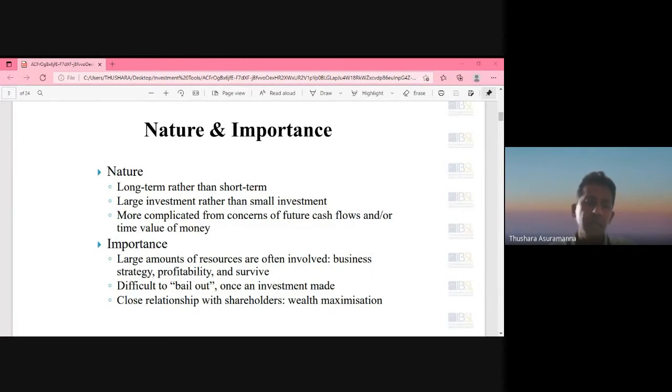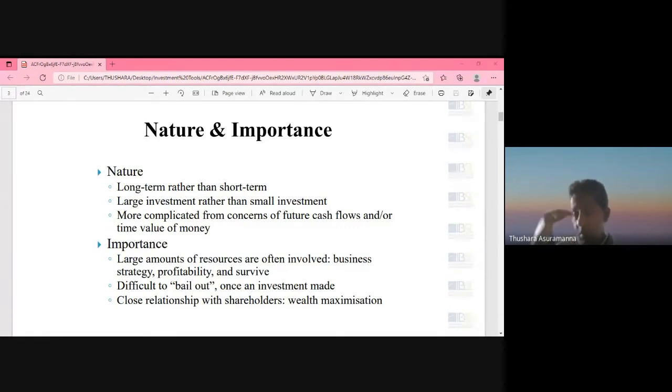Then the third one, close relationship with shareholders. Because now when you talk about the bigger projects, you need to make the investors and shareholders involved in this project, because it's a wealth maximization of the company, not just a profit. Now, let's say if you purchase something and sell it over a margin, we talk about you earning some profit.